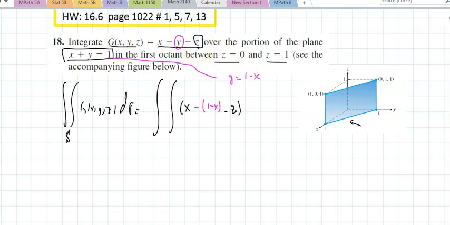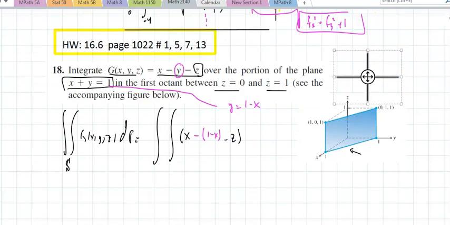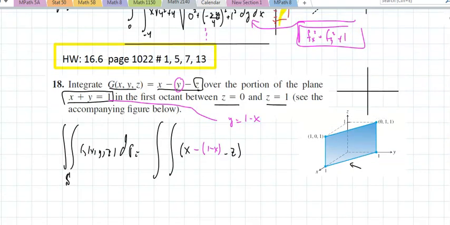Looking from the y perspective, I'm seeing x and z, and I see 0 to 1, so pretty much this portion. I could say x runs from 0 to 1 and z runs from 0 to 1. It doesn't really matter here, right?